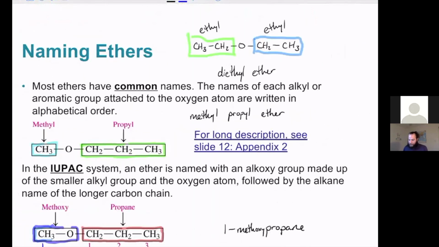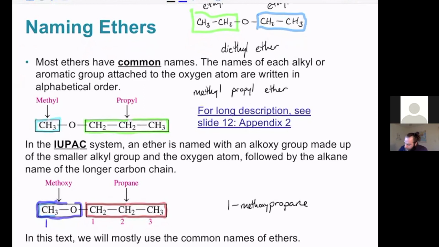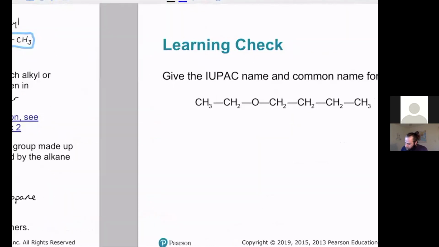I just want to point out real quick, not all ethers have common names. They have to be relatively simple. So this particular one does have methyl propyl ether as a common name, but if it was 2-methoxypropane, that wouldn't have a common name associated with it. Because I could have instead had CH3, CH, CH3O, CH3.